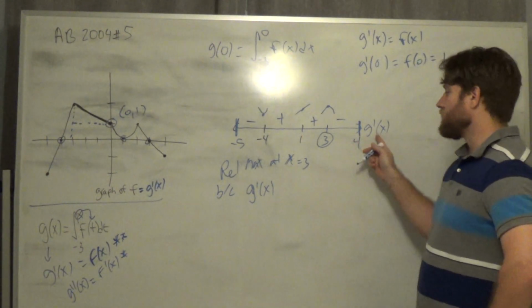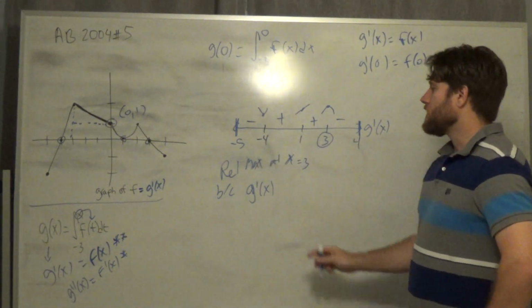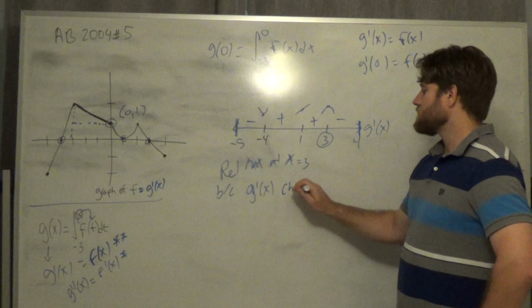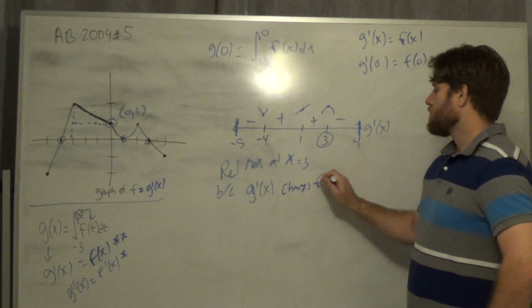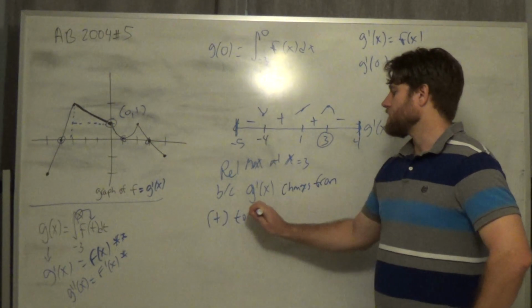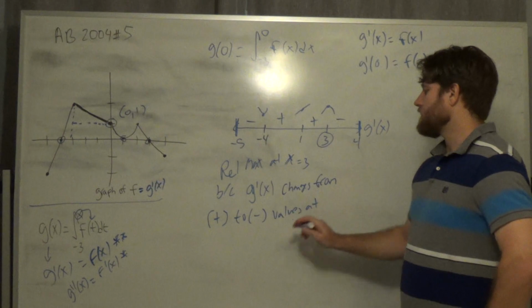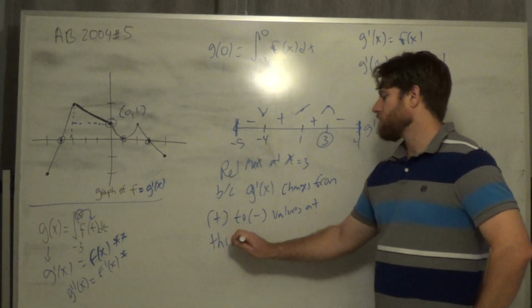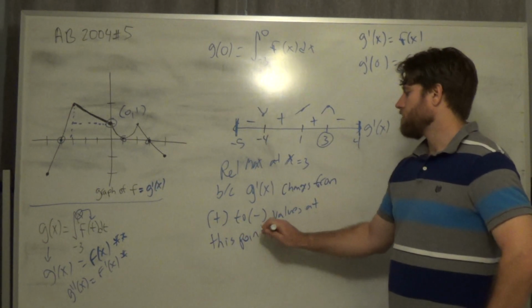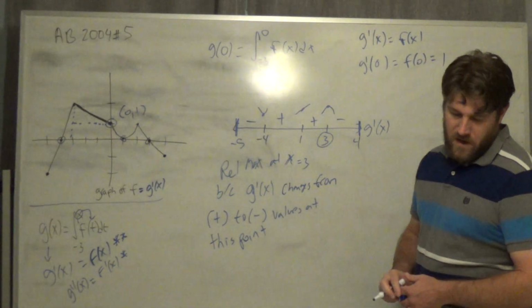So you have to make sure you've labeled the sign chart so they can make the connection to your work. Because g prime x changes from positive to negative values at this point. I mean, g prime x changes from positive to negative. That's good enough. But, you know, why not be thorough?